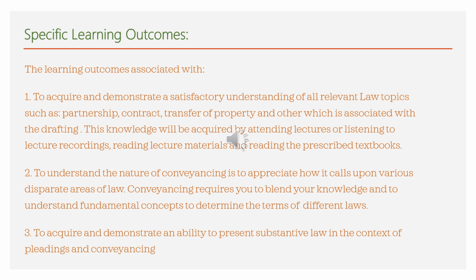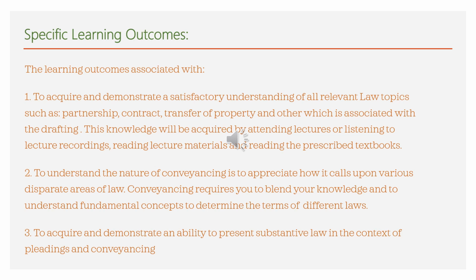Therefore, the learning outcomes associated with this course are to acquire and demonstrate a satisfactory understanding of all relevant topics such as partnership, contract, transfer of property, and others which are associated with drafting. This knowledge will be acquired by attending lectures or listening to lecture recordings, reading lecture materials, and reading the prescribed textbook.